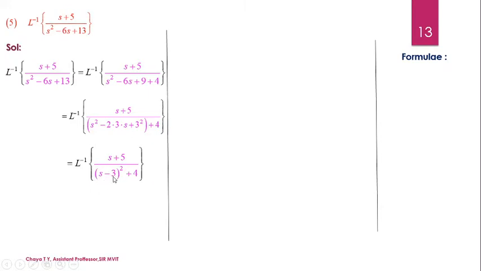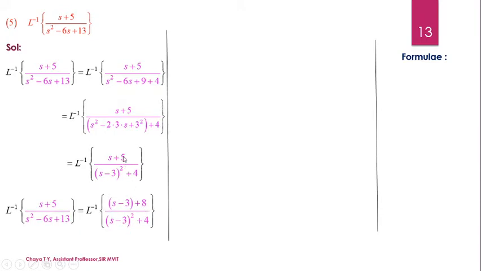Now observe the denominator term. See here I have s − 3. So I should get the similar term in the numerator so that I can use the property of second shifting to simplify further. Understood? So what we are going to do? We are going to rewrite the numerator in a way such that I will get the term s − 3. So for that, we are going to add and subtract 8.